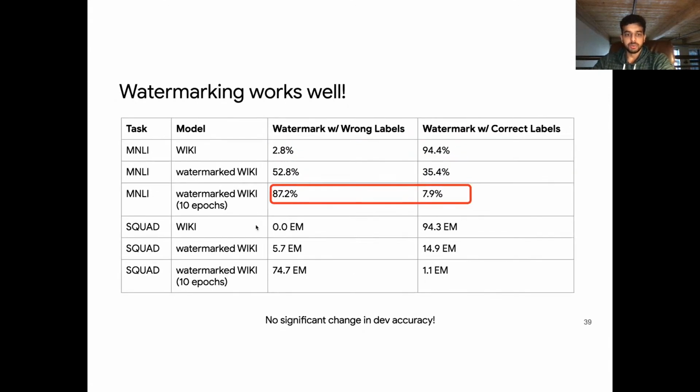So what I want to highlight is if you fine-tune on a watermarked version of the MNLI task, where you have 0.1% of the queries that are watermarked, the model memorizes the wrong label for 87% of the watermarked queries. So now you have a clear way of detecting whether or not a model has been extracted from your victim, right?